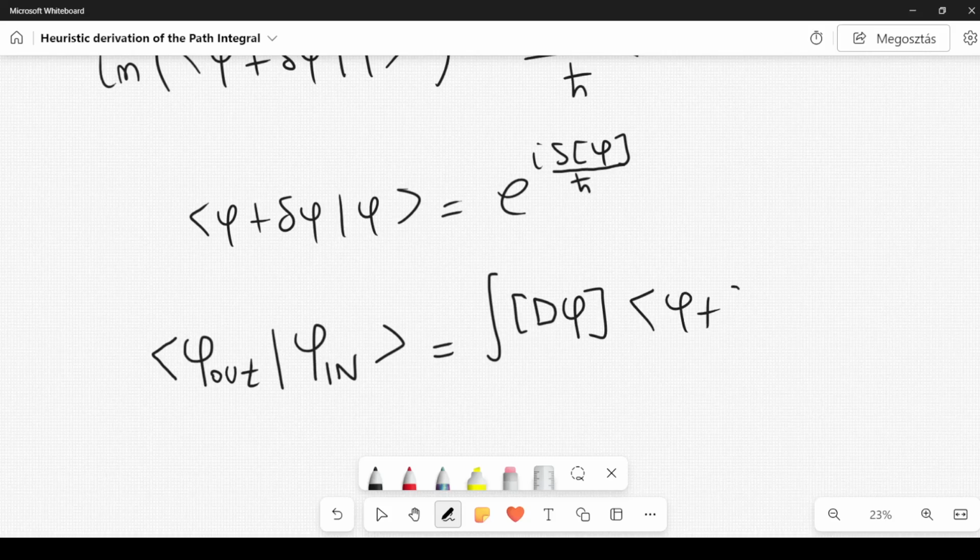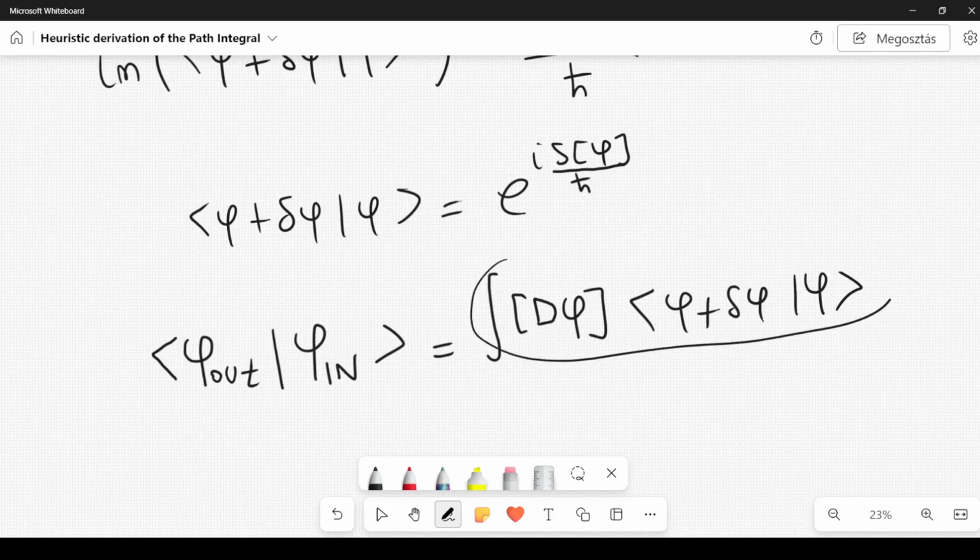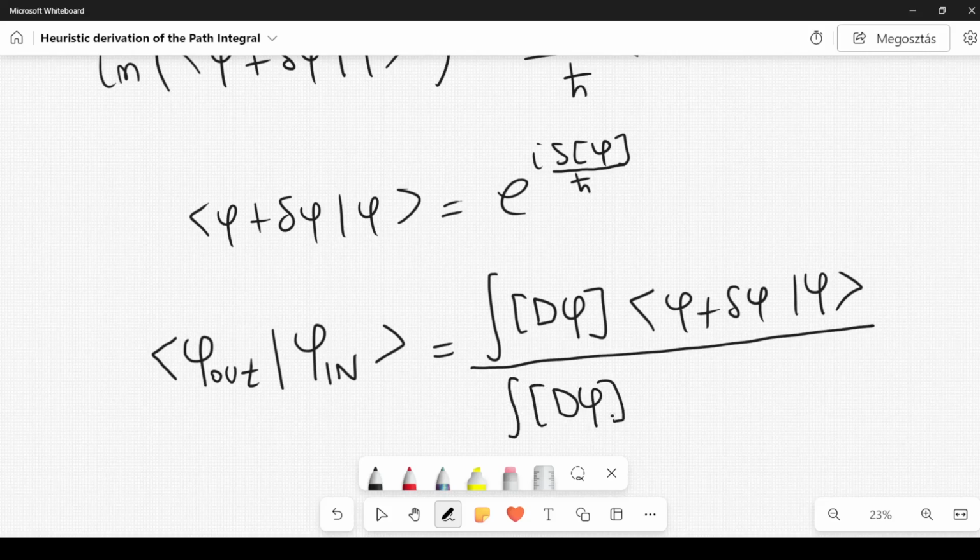This inner product of phi plus delta phi with phi is very close to the field configuration phi. So if we want to consider more general configurations, we need to integrate and we need to define the meaning of this integral. But then after that, if we want this to be an amplitude such that its modulus squared is less than or equal to 1, we need to normalize this. So we divide by this.